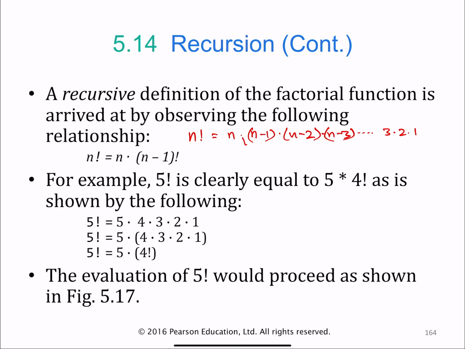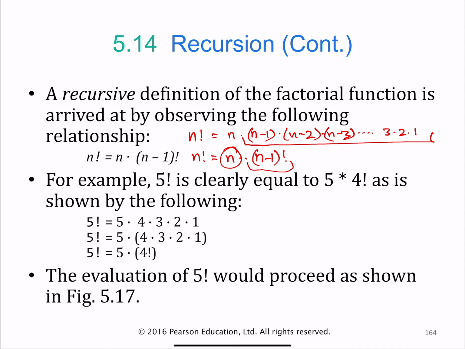If you look at this whole part over here, you could rewrite that as n times, and this whole thing is basically n minus 1 factorial. So, n factorial can be defined as n multiplied by n minus 1 factorial. This is a recursive definition of the factorial.